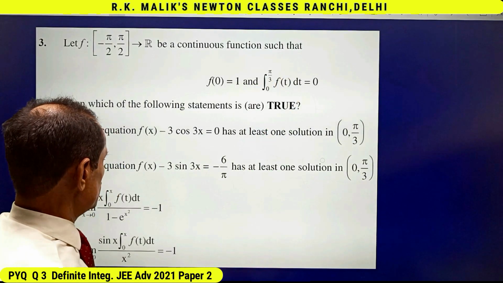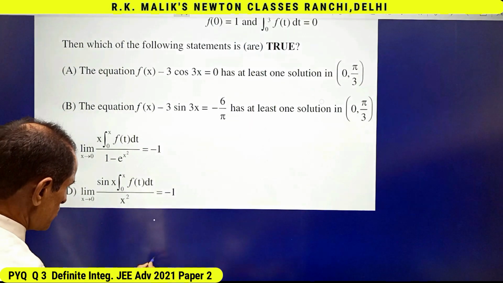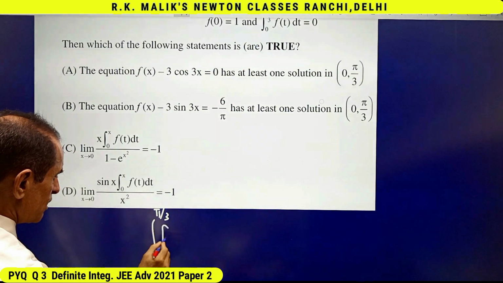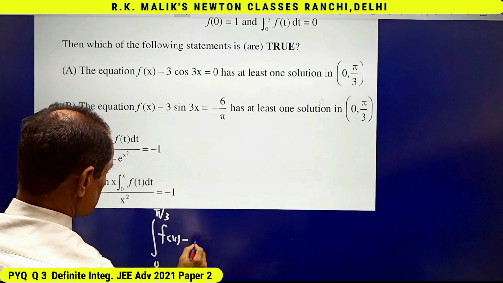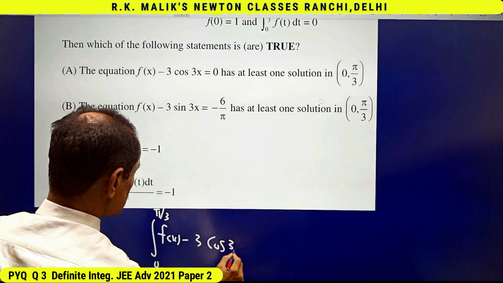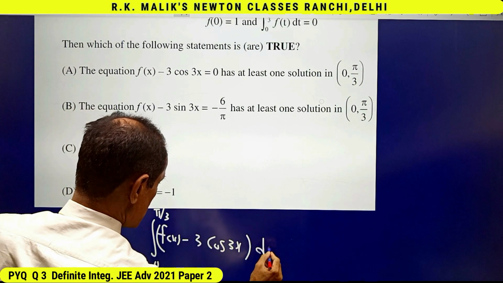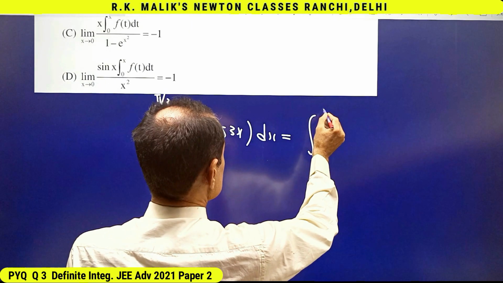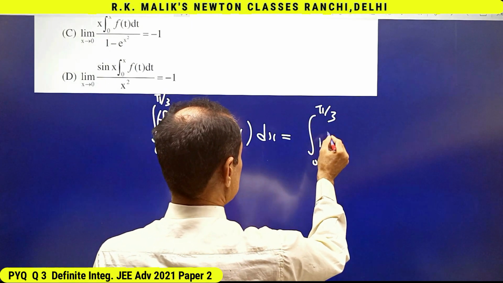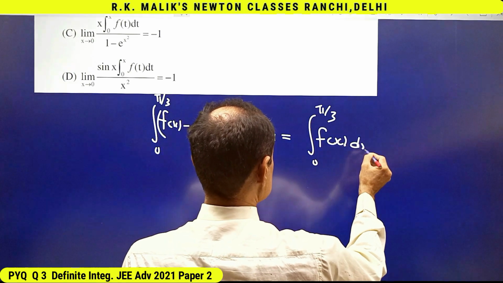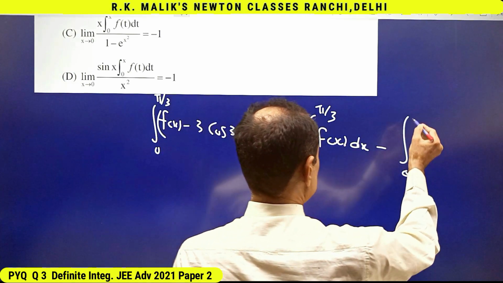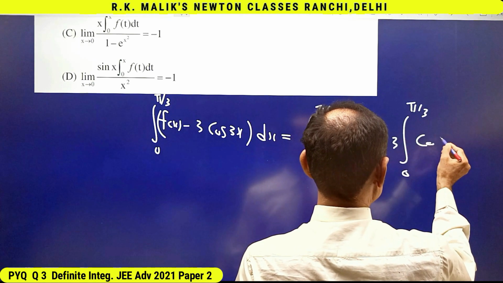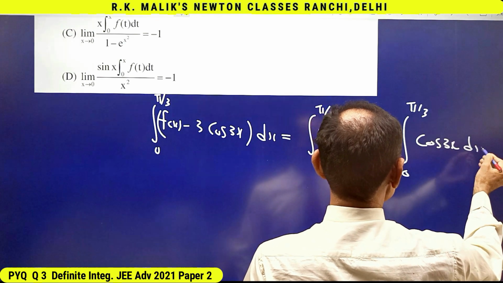Keeping this in mind, it is very easy to see that the integral from 0 to π/3 of (f(x) − 3 cos 3x) dx is equal to the integral from 0 to π/3 of f(x) dx minus the integral from 0 to π/3 of 3 cos 3x dx.